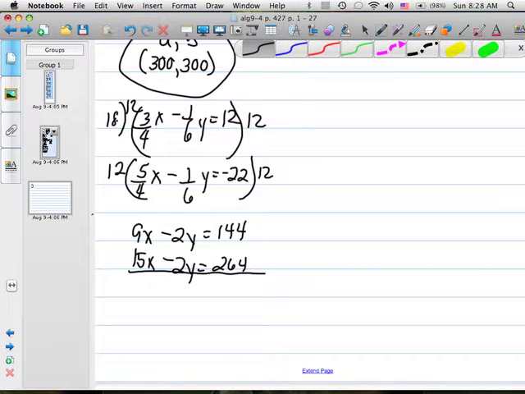Since the negative 2's have the same sign, we'll subtract, change all your signs. So we get negative 6x equals 144 from 264 would be negative 120, excuse me. Divide by negative 6 and x equals 20.